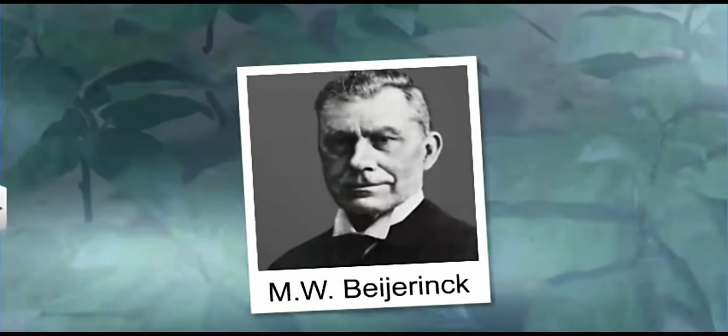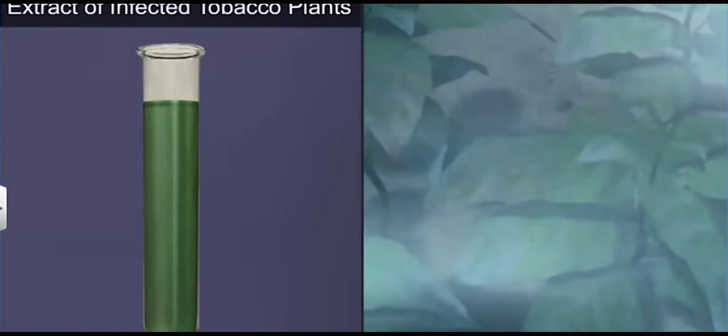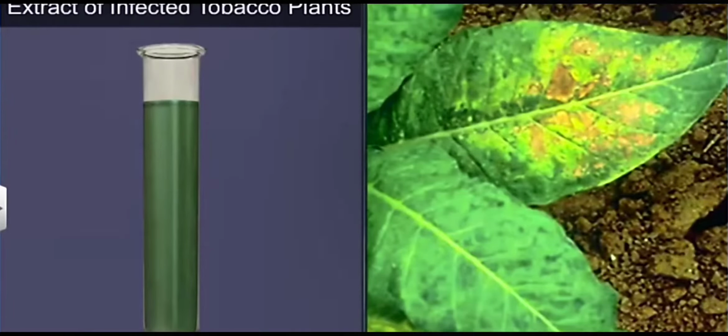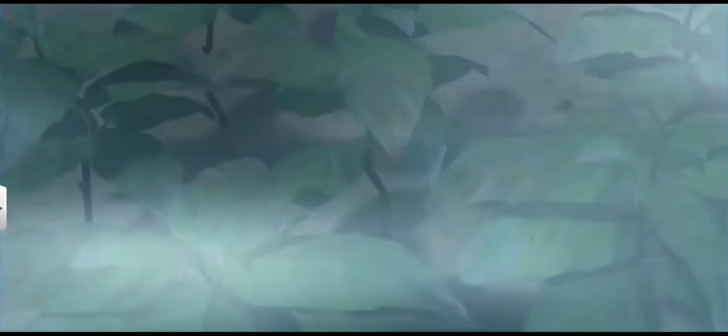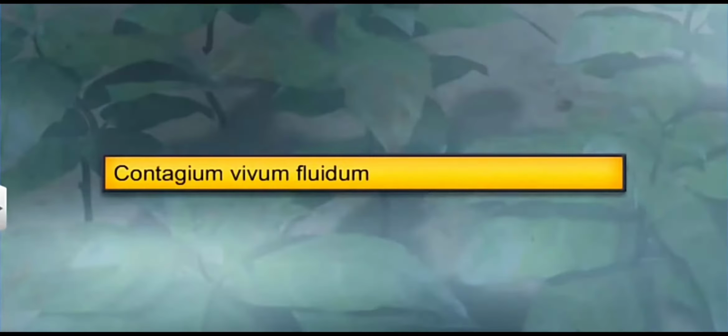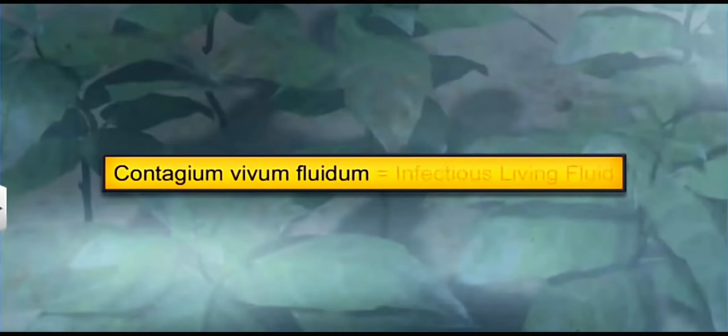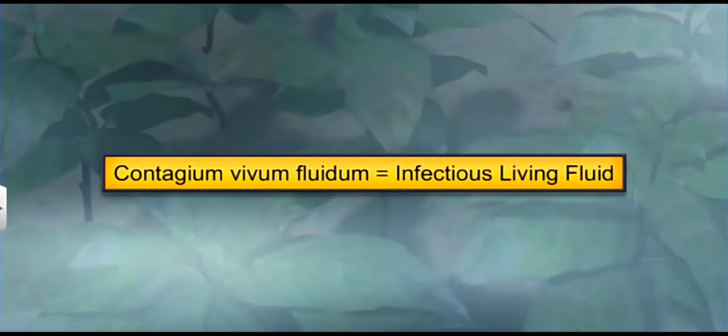It was M.W. Beijerinck who extracted the fluid from these diseased tobacco plants, and when he introduced this fluid to a healthy plant, it also started showing the disease. So he called it contagium vivum fluidum, meaning infectious living fluid.